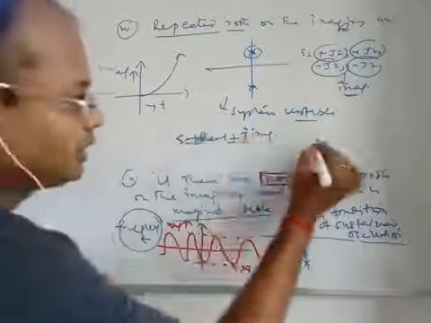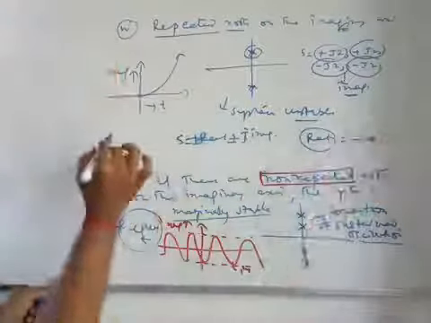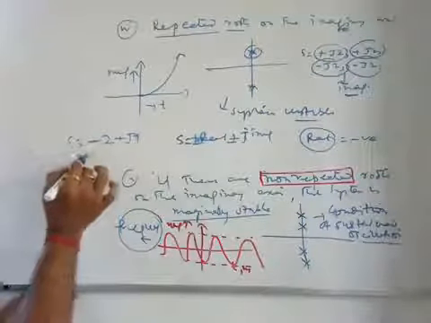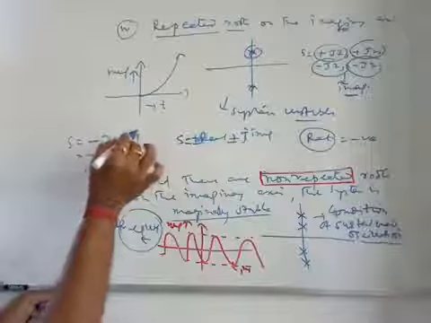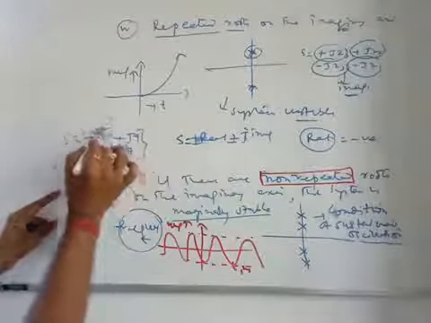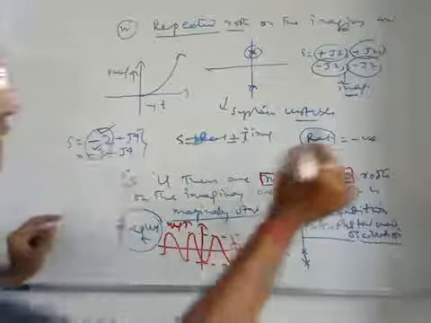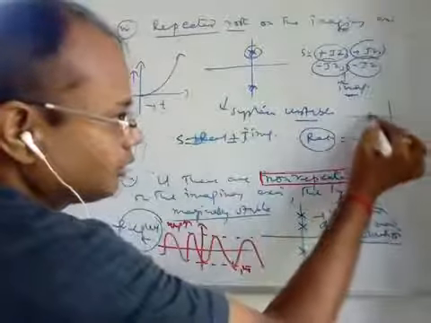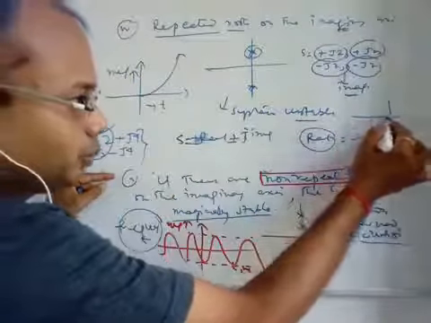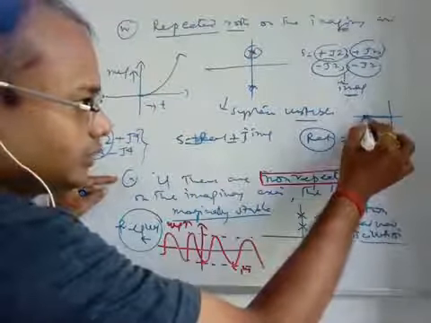So if the real part has a negative value, what happens? For example, minus 2 plus j4, and minus 3 minus j4. In these two cases, observe that minus 2 and minus 3 are the real parts. If the real part has a negative value, then in the s-plane, whether it is plus j4 or minus j4, first you move to the negative side along the real axis, and then you move in this direction.